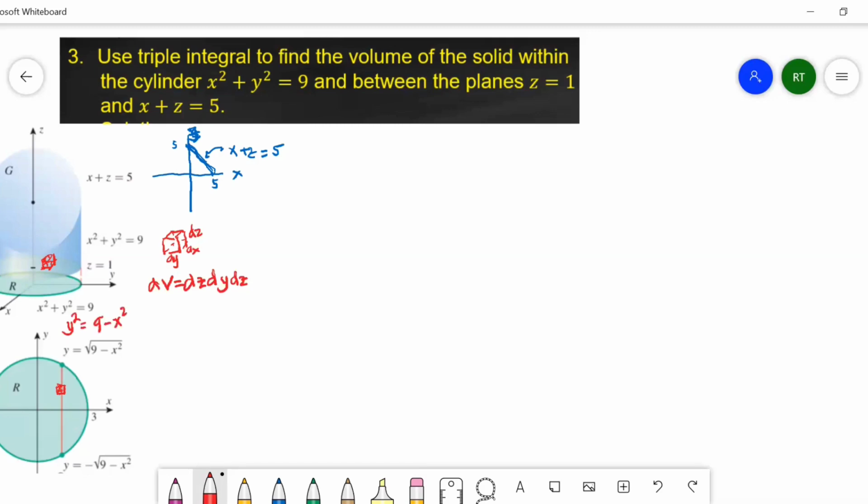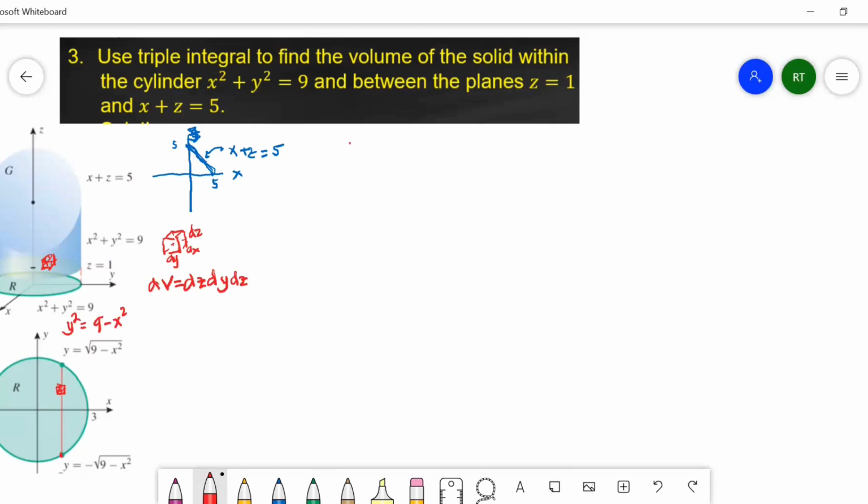Getting the square root of both sides gives us y is equal to positive square root of 9 minus x squared and negative square root of 9 minus x squared. The lower end is y is equal to negative square root of 9 minus x squared, and the upper end is y is equal to the square root of 9 minus x squared.